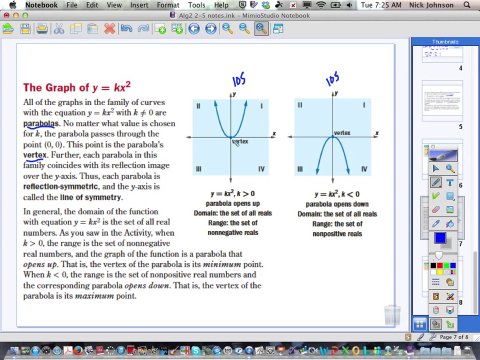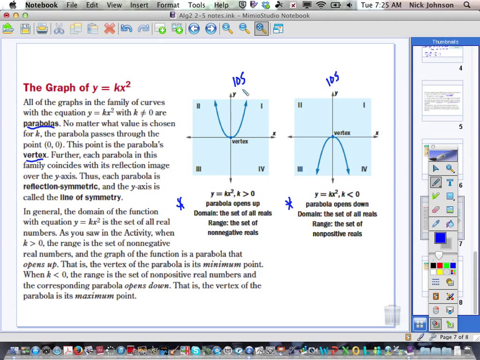So if you look here, this is very important to know. You're going to want to write these two things down. When k is greater than 0, my domain is the set of all reals. Okay? I could put in any number and get out something. My range is the set of non-negative reals. Why is it the set of non-negative reals? Well, we can't get any negative values out of this.